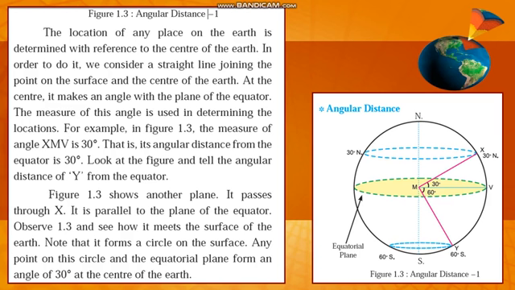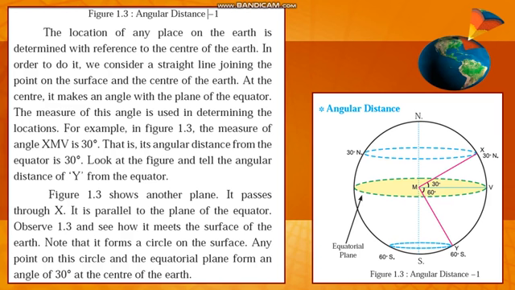The measure of this angle is used in determining the locations. For example, in figure 1.3, the measure of angle XMV is 30 degrees. That is, its angular distance from the equator is 30 degrees. Look at the figure and tell the angular distance of Y from the equator.